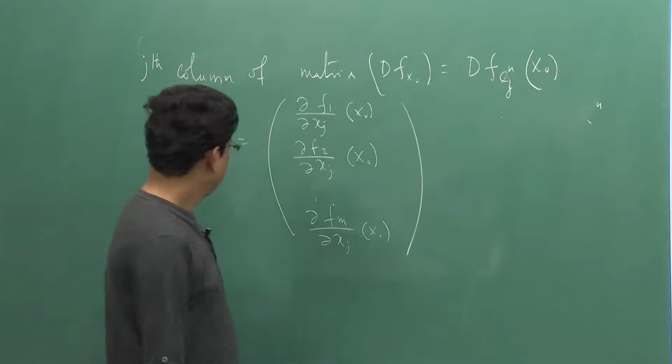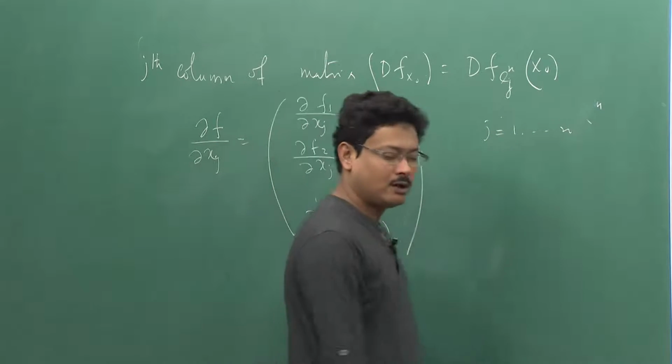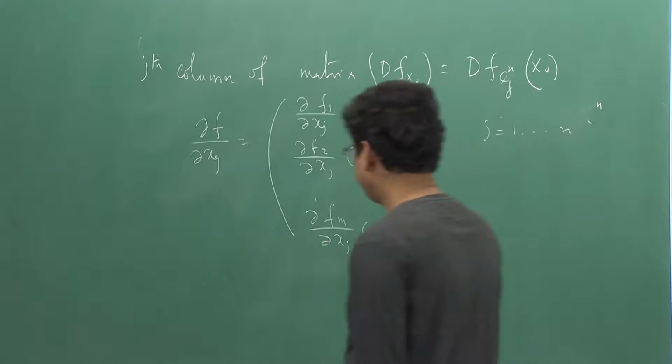Now, I got all the columns when I put j equal to 1 to n.